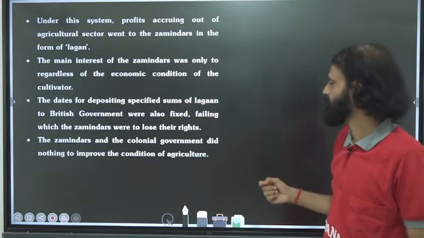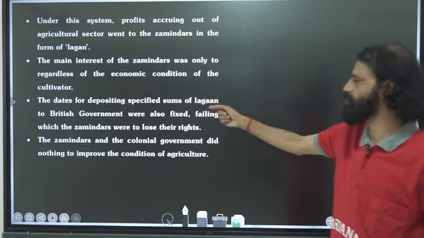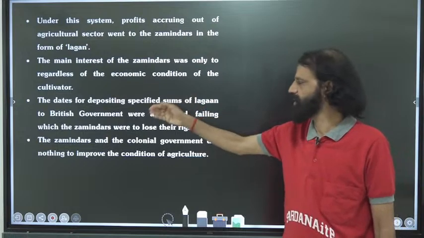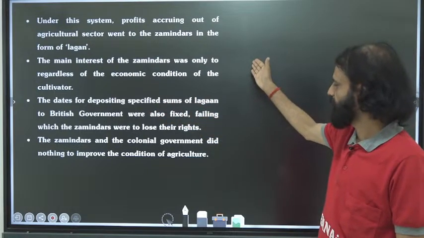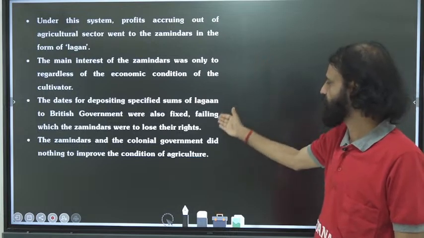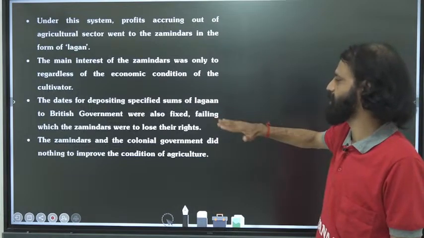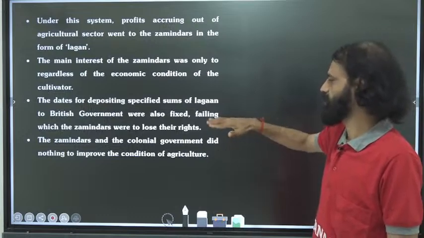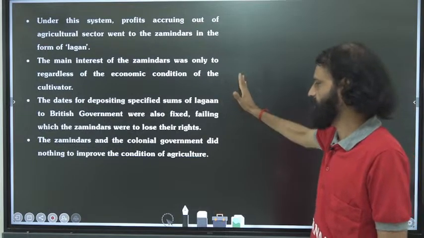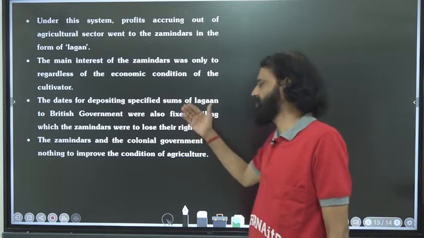In case the zamindars failed to deposit the amount in time, what would happen? They would lose their position as zamindars. They could not be a zamindar anymore. They made such a law.